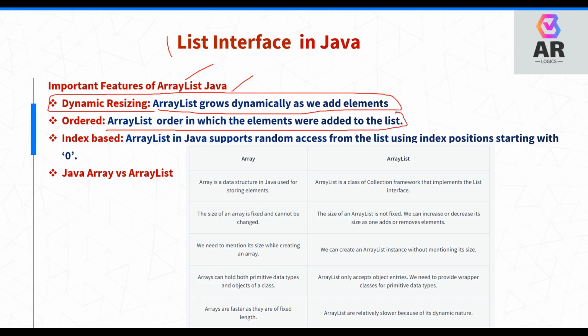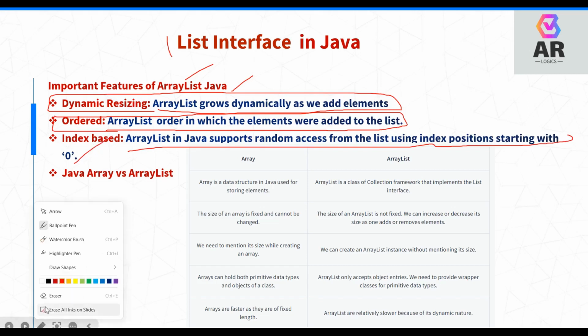ArrayList supports random access using the index position starting from 0. Randomly we can access elements from the index. These are the three major points we can tell the interviewer.